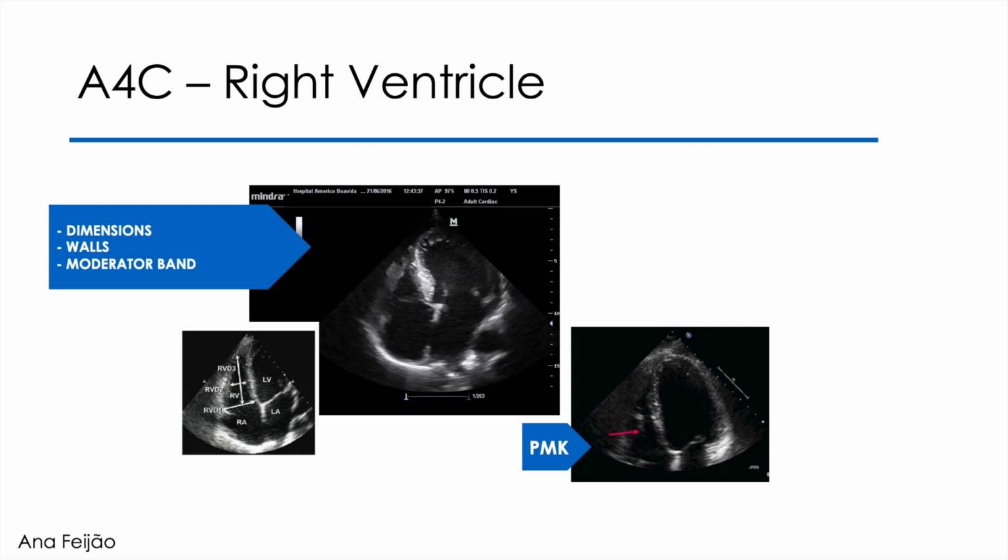Another important piece of information to take into account. In patients with pacemaker, it is important to evaluate the interaction of the lead with the tricuspid valve and within the cavity. And don't forget to mention the presence of the electrocatheter in your report.